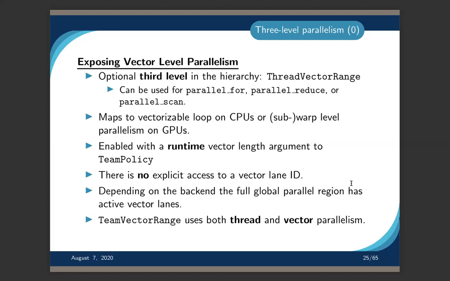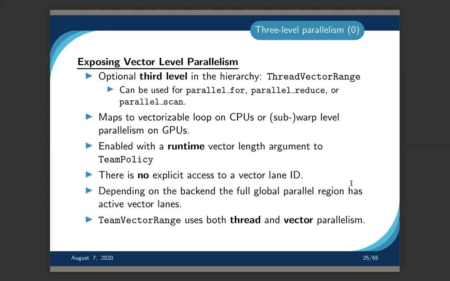But all of these CUDA SIMT threads are active the entire time, which means every statement outside of a thread vector range loop is redundantly executed by all vector lanes. And we'll tell you how to fix that in a bit.